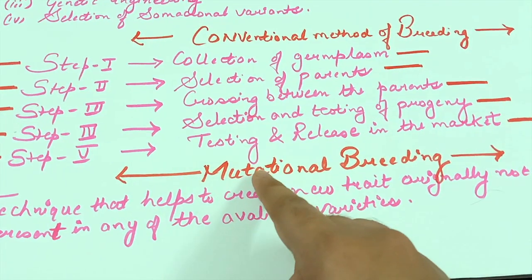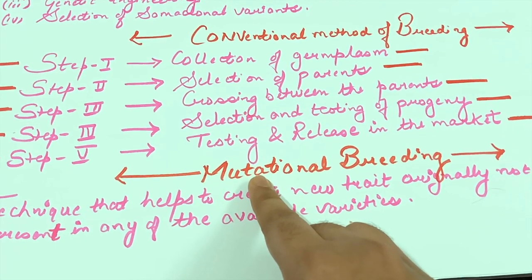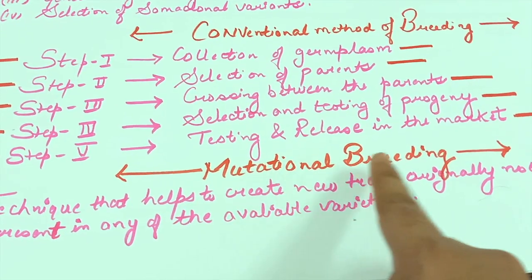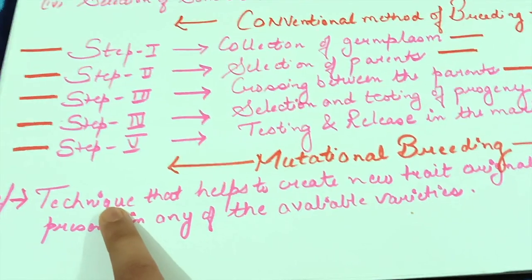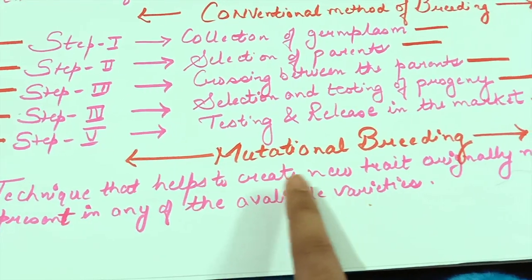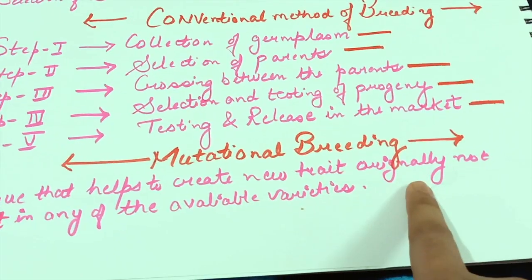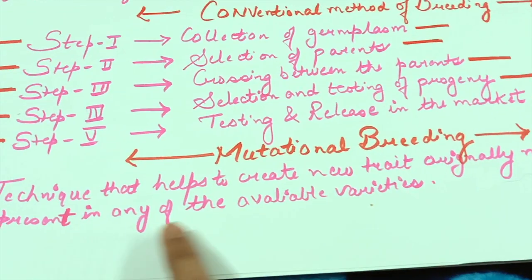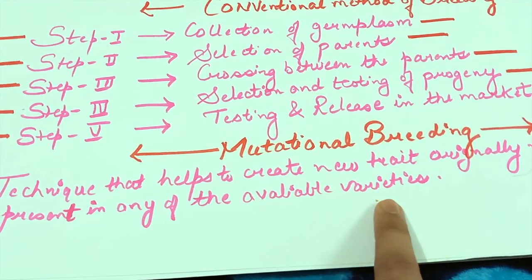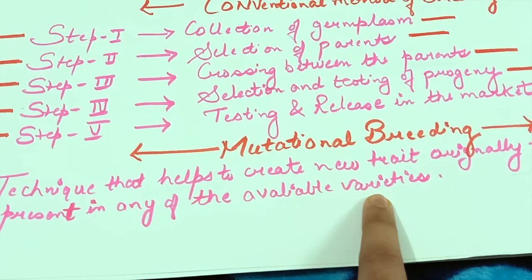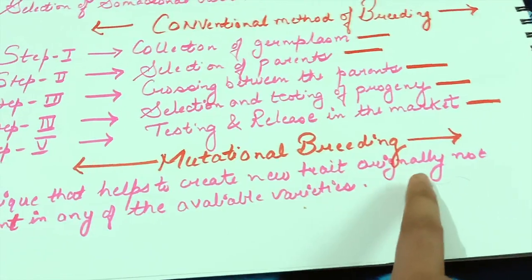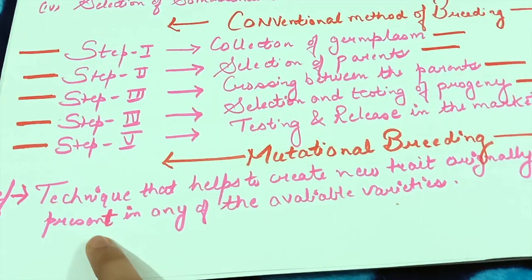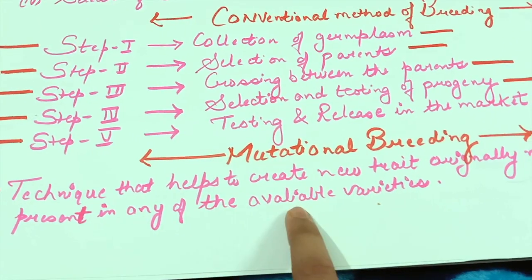Now let us study the second technique of plant breeding, that is mutational breeding. Mutational breeding is the technique that helps to create new traits originally not found in any of the available varieties. So in mutational breeding, we create new traits or characters that are originally not present in any of the varieties.